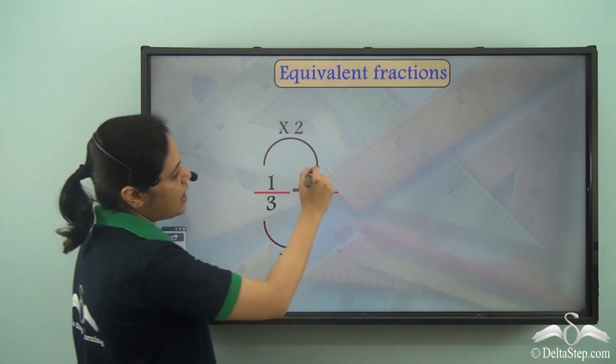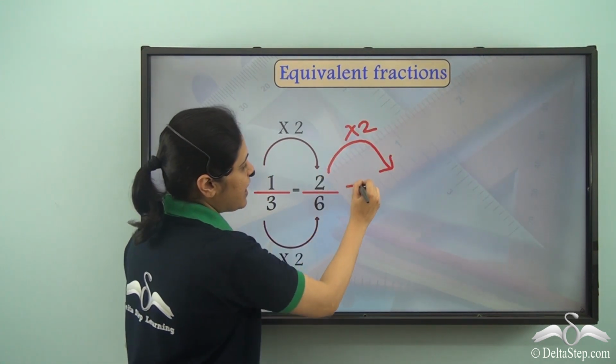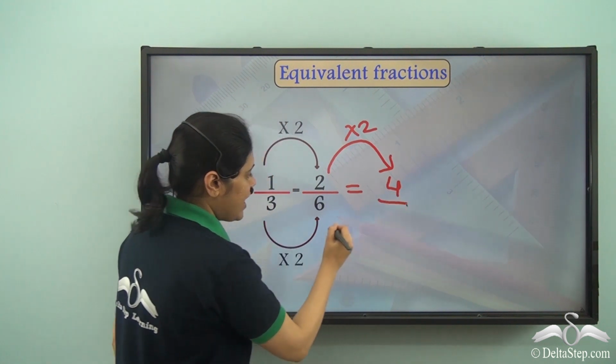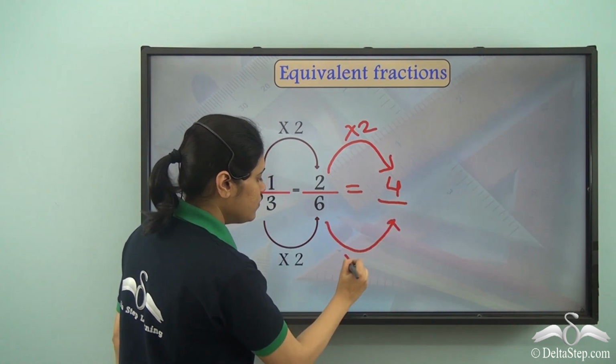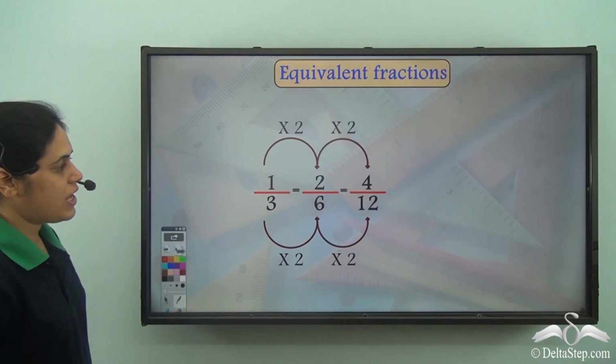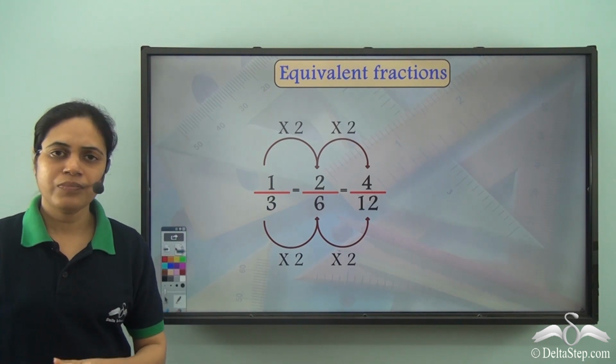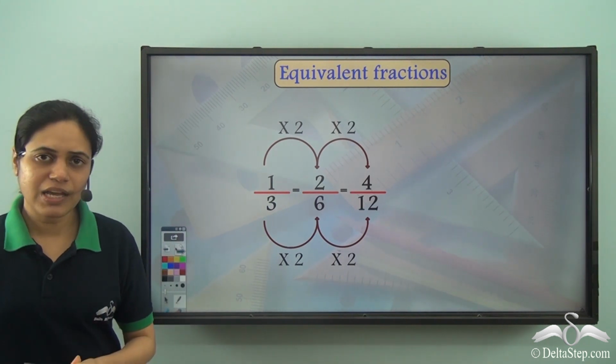Now once again, I can multiply with 2. So 2 multiplied by 2 is 4 and I can multiply 6 by 2 to get 12. So 4 by 12 is an equivalent fraction of 2 by 6, also 1 by 3. Not just 2, I can multiply with any number.